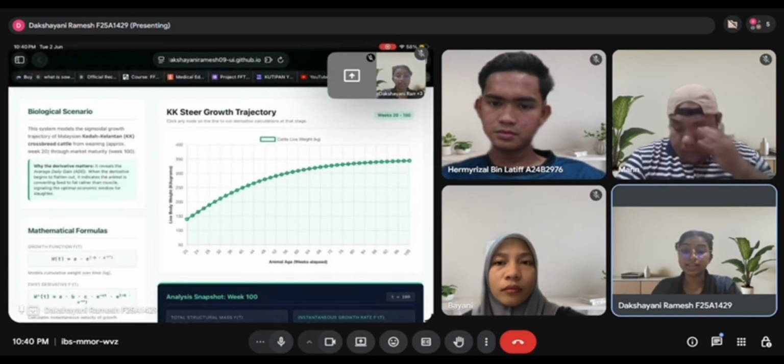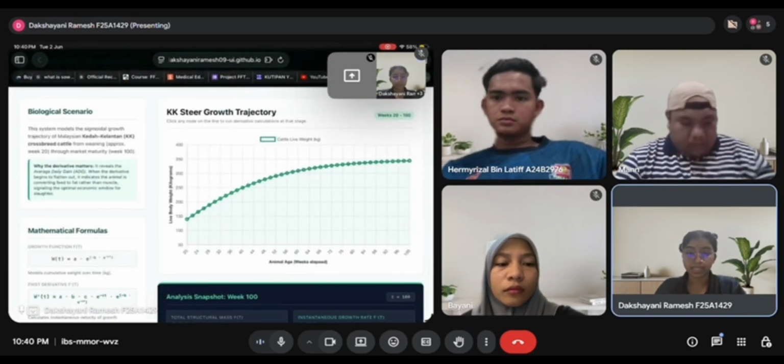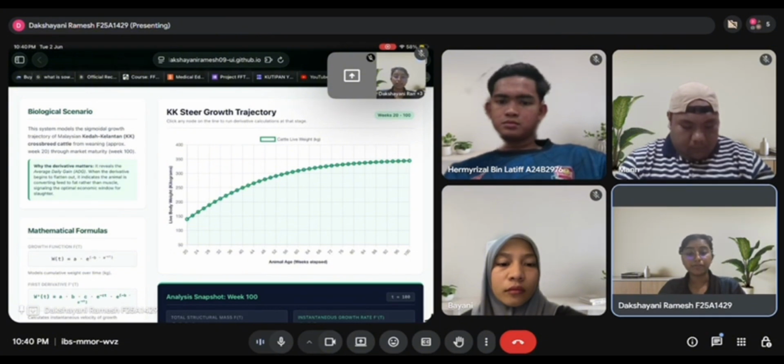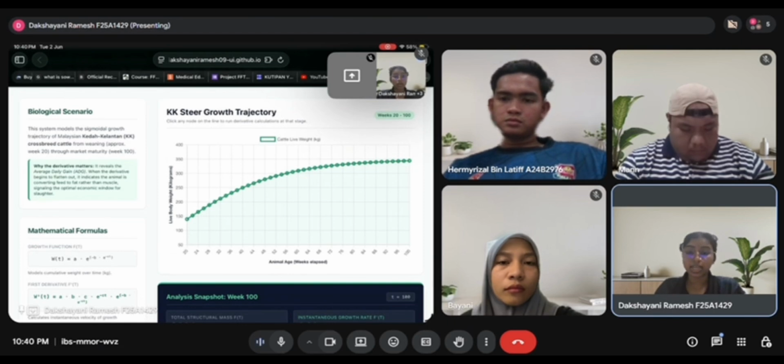Okay. Then one improvement I would recommend is to add a feed efficiency indicator or feed conversion ratio analysis alongside the graph. Currently, the system only focuses on body weight and growth rate.